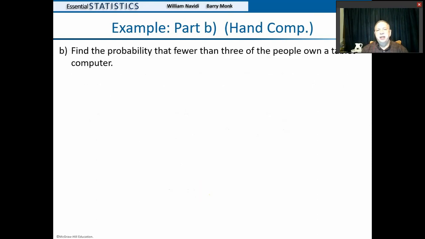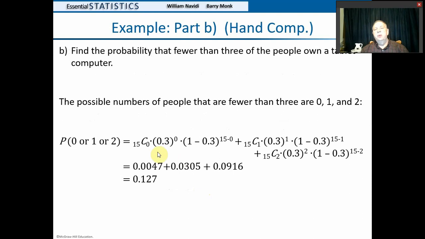Fewer than 3, we would need to do fewer than 3 is 0 or 1 or 2. We would have to do this calculation 3 times. Here is the probability of 0. 15 choose 0 is how this is read. 0.3 to the 0, no successes. 1 minus 0.3, the probability of failures, and the 15 minus the 0 successes, all 15 are failures.